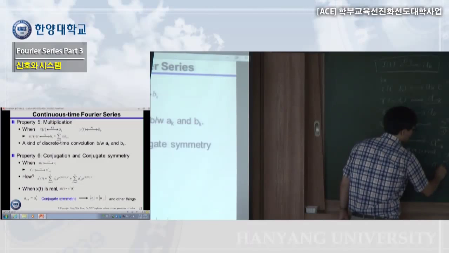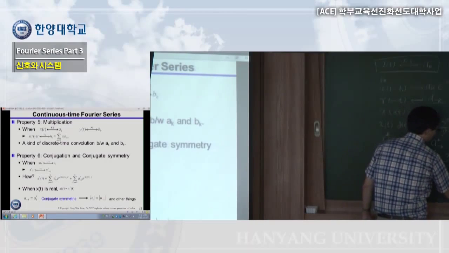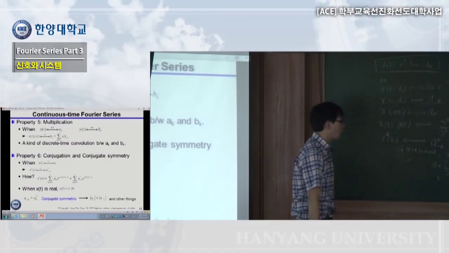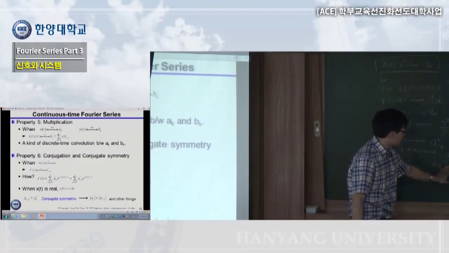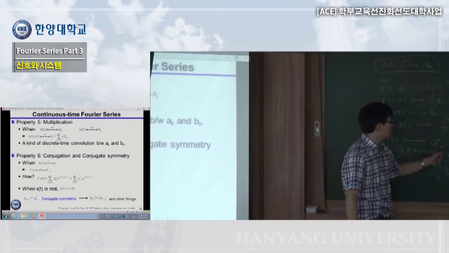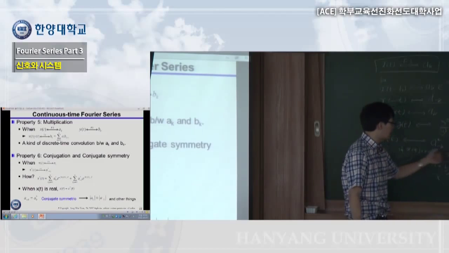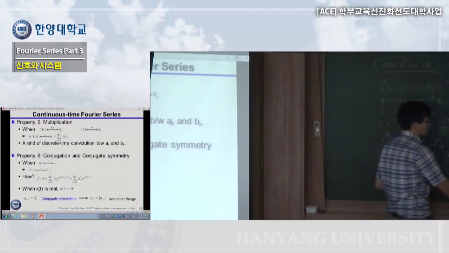Assuming that x is a plus bj, the conjugate of x will be a minus bj, which is actually different. However, if x is real, then b will be 0. Therefore, the conjugate will still be a. Therefore, x and the conjugate of x will be the same in case that x(t) is real.